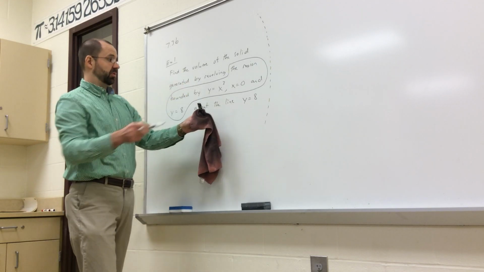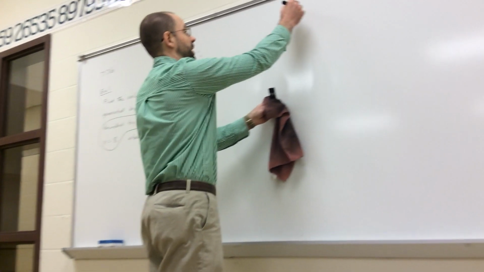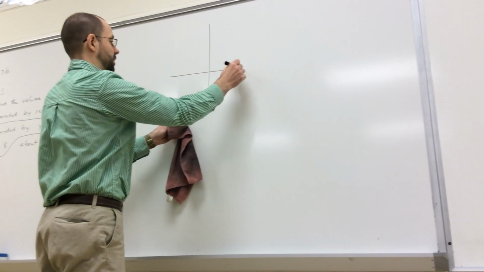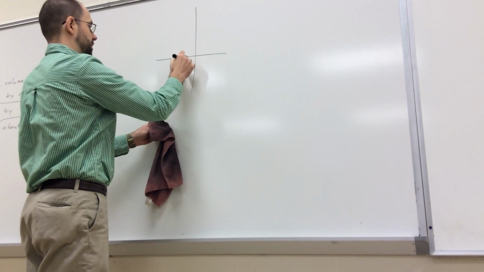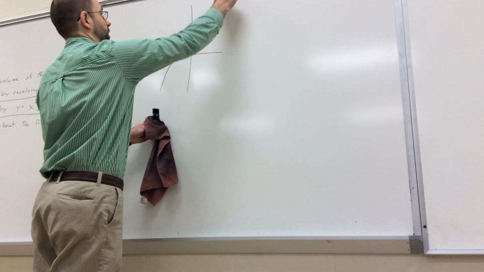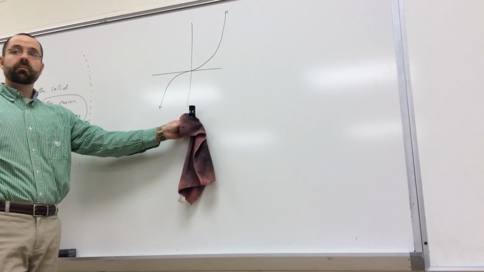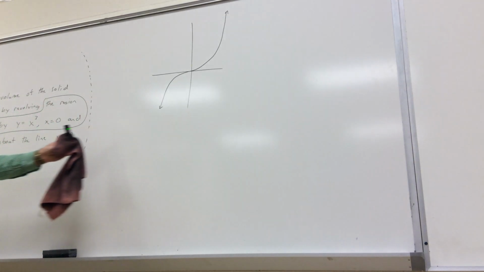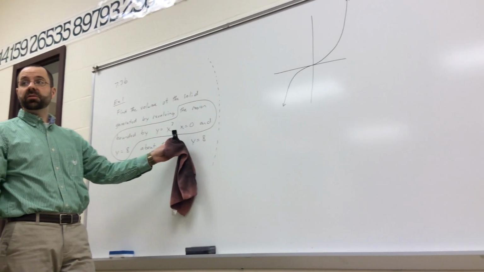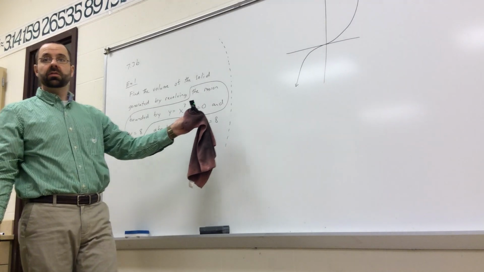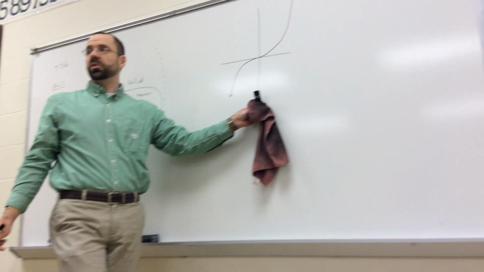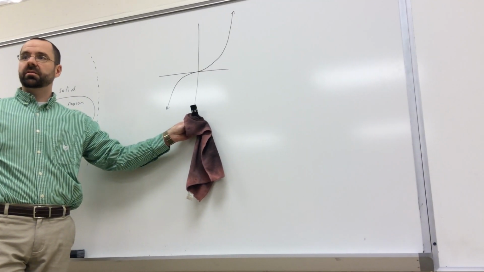So we'll go over here and we'll graph y equals x cubed. That looks like this. Then we'll graph x equals 0. What does x equals 0 look like?